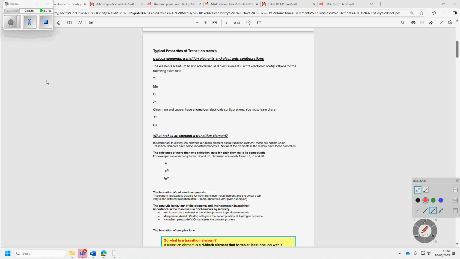Okay, so what you should have done, nice and simply, 1s2, 2s2, 2p6, 3s2, 3p6, 4s2. It's going to be the same for titanium, manganese, iron and zinc. We'll get to 4s2, and then we need to look at our periodic table. Titanium is the second element in D block, so 3d2.